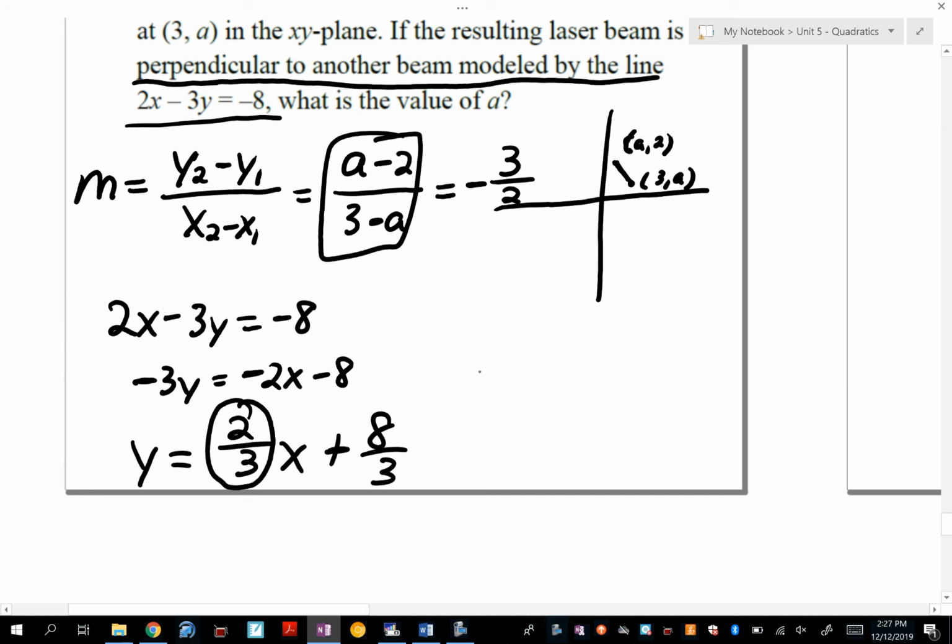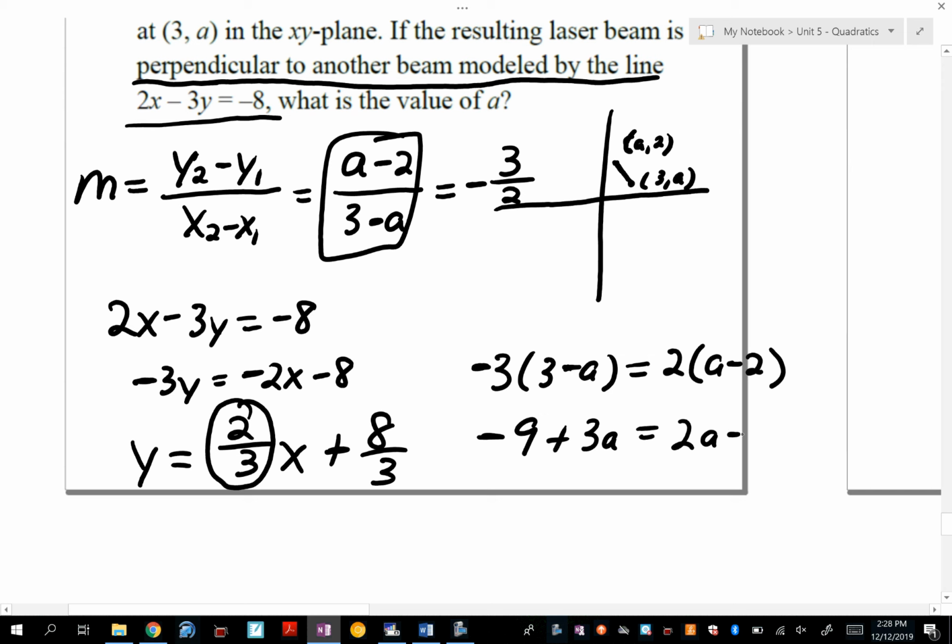So I'm going to multiply: negative 3 times (3 minus a) equals 2 times (a minus 2). So I have negative 9 plus 3a equals 2a minus 4.